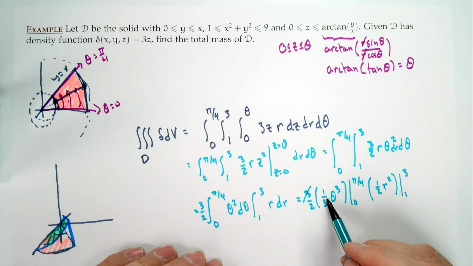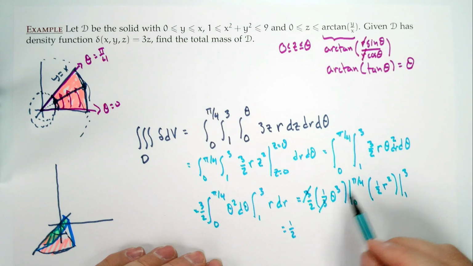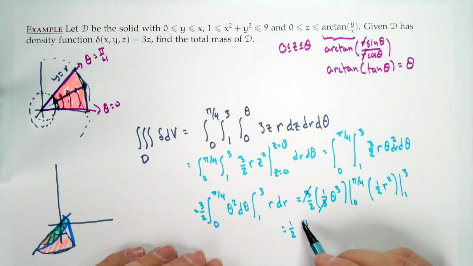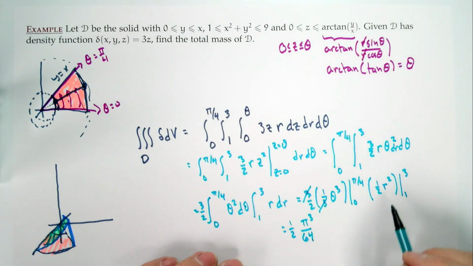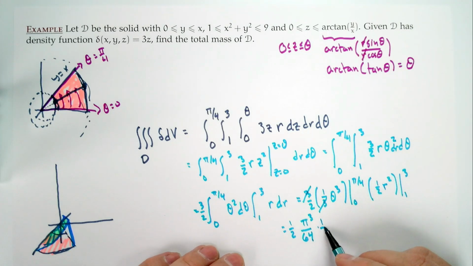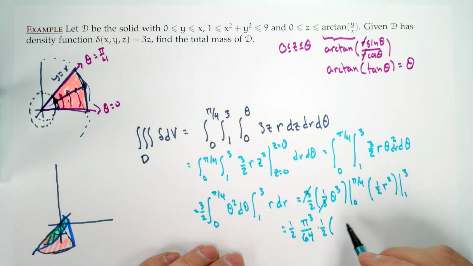The 3's cancel. So what do we get? This is 1/2 theta cubed, which is pi cubed over 64, and subtract 0, that doesn't do anything. Then we come to the next term, which is another 1/2, and then we have r squared, 3 squared, 9, subtract 1 squared, 1. 9 minus 1 is 8.